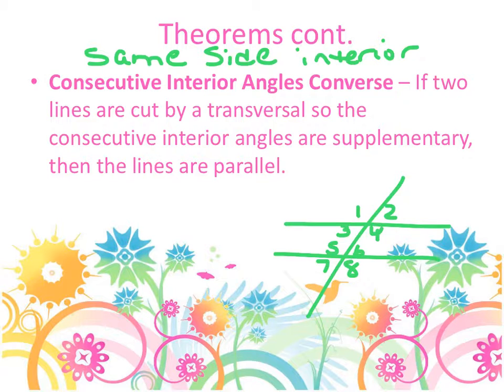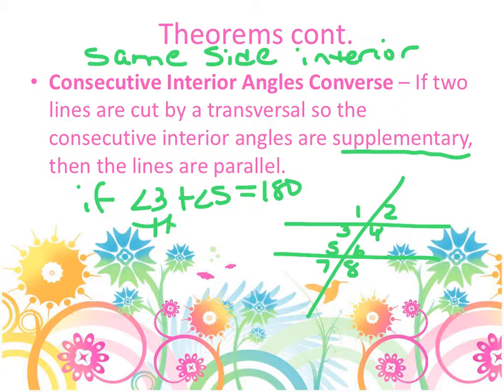Now notice in this one, they're not congruent, they're supplementary. So for here, if I said if angle 3 plus angle 5 equals 180, then I could say that, again, I could call it JK, then J is parallel to K. You could also say 4 and 6.